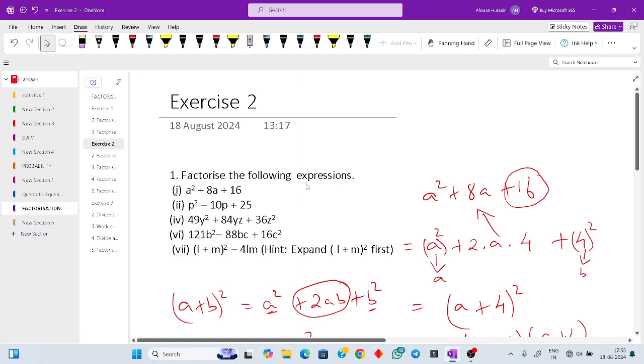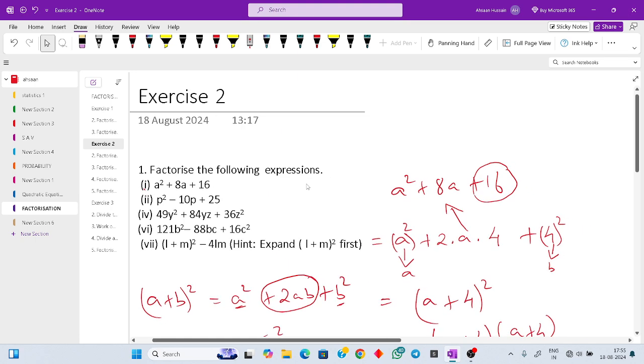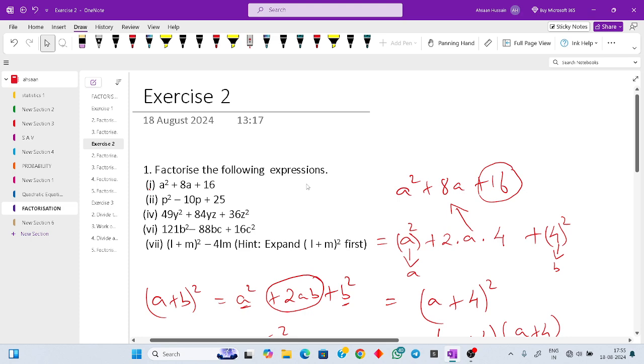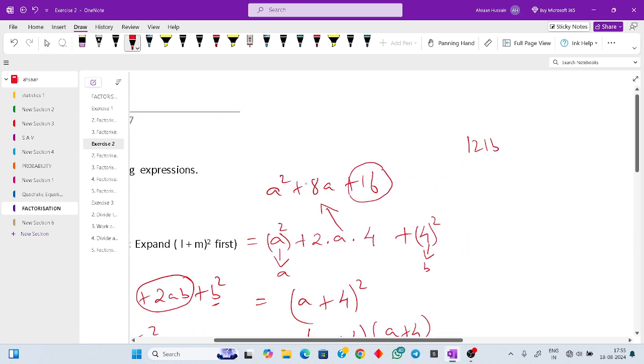The next question is 121b squared minus 88bc plus 16c squared. So see, 121 is a square of 11 and 16 is a square of 4.